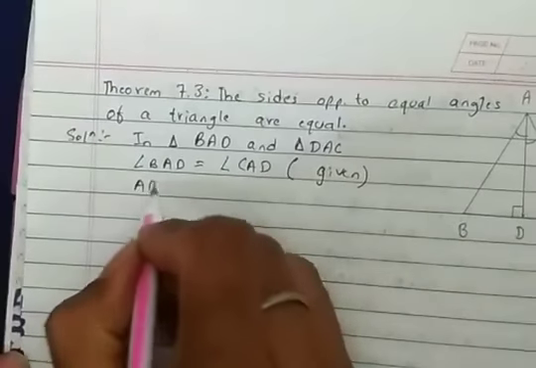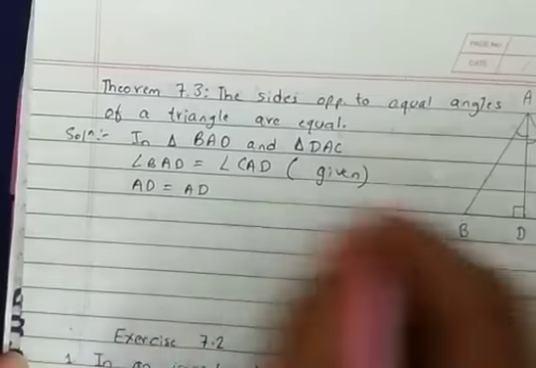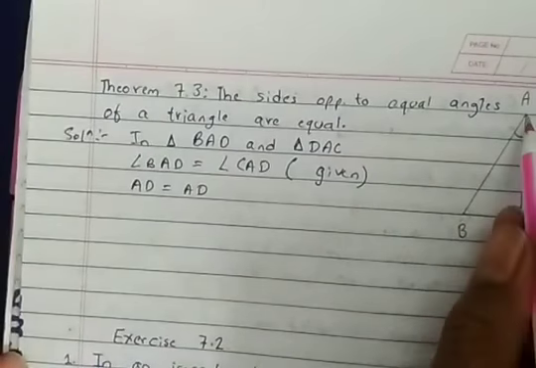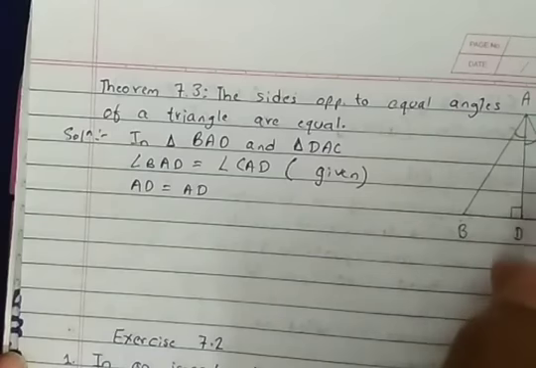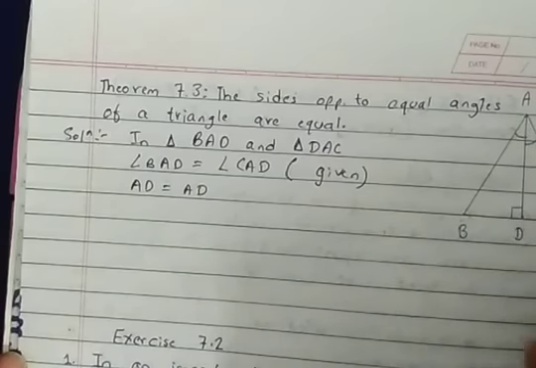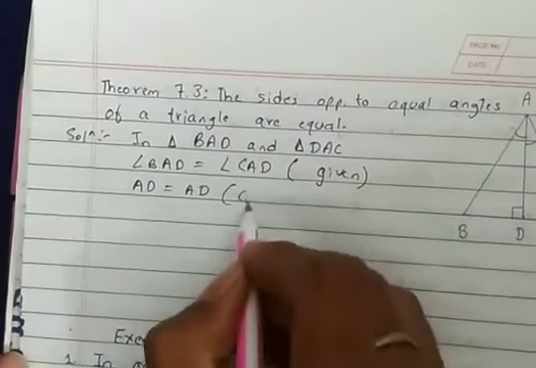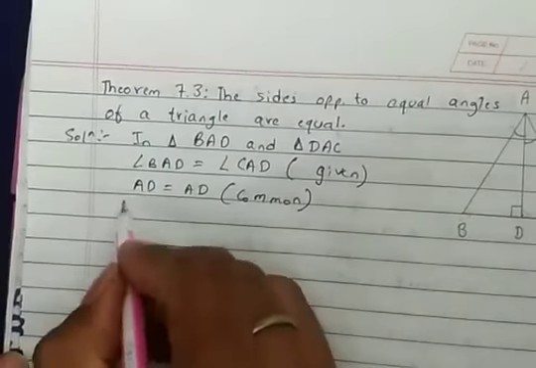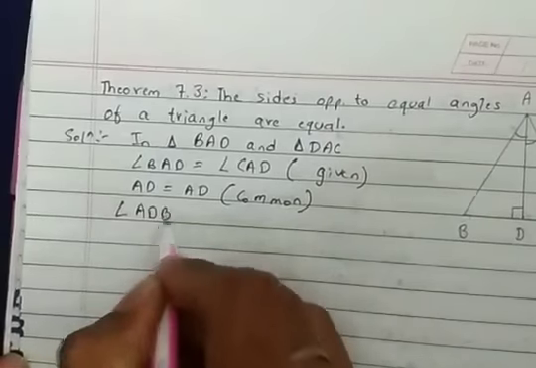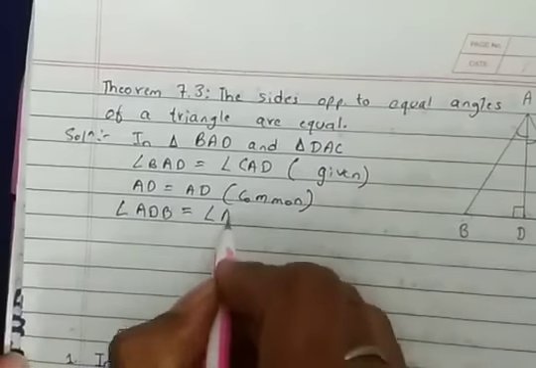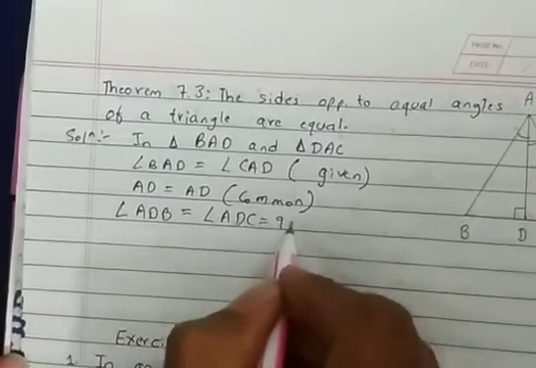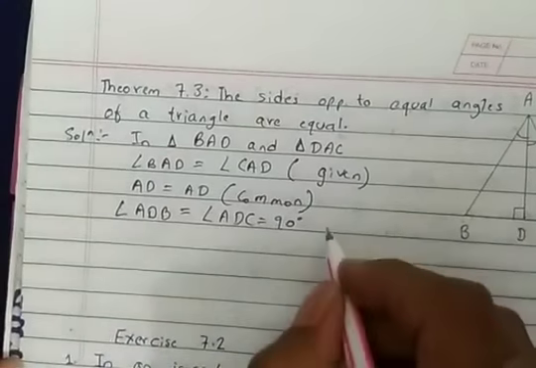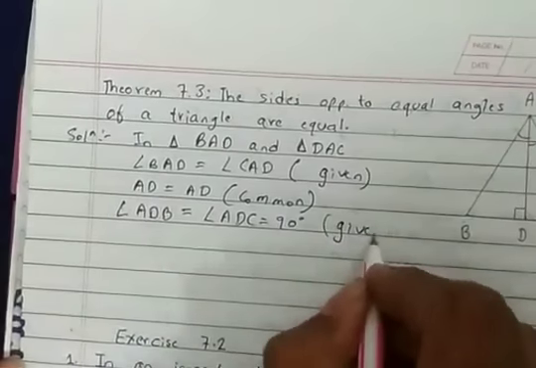Now AD is equal to AD, right, AD is the common side to both the triangles ABD and ADC, so this is common, right? Now angle ADB equal to angle ADC equal to 90 degrees, right? Since it is a perpendicular bisector, this is also given.